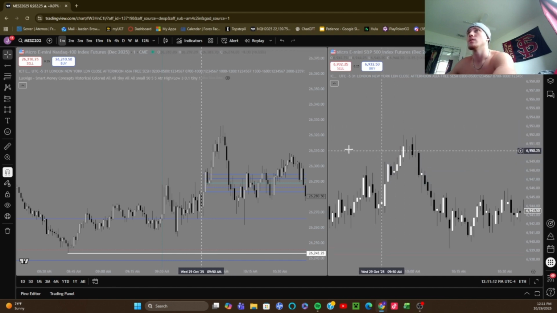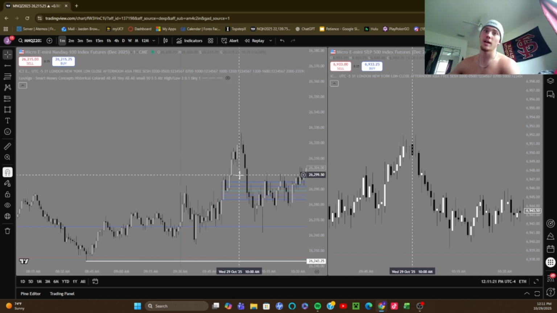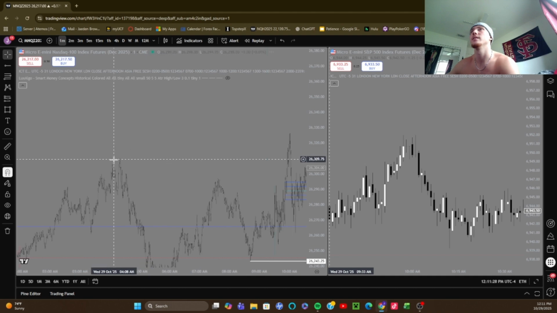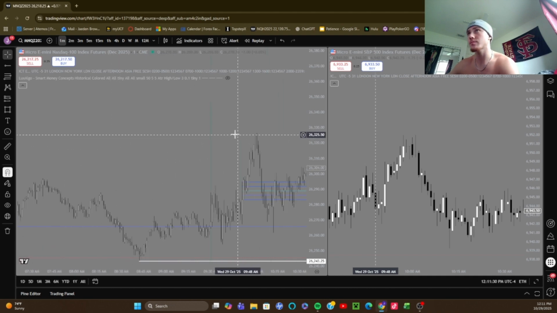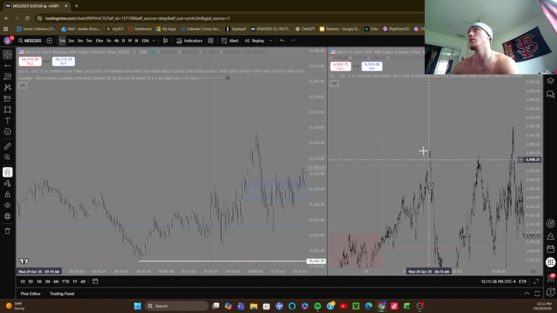But on the 15-second, there was an entry right here. There's a fair value gap, and price comes down into it, taps the consequent encroachment of this wick plus that fair value gap, which also happened to be the consequent encroachment of that fair value gap as well on the 15-second. And then price continues to rally higher, taking out all buy side. After buy side is taken at 10:01 by both assets, both of them took full buy side.